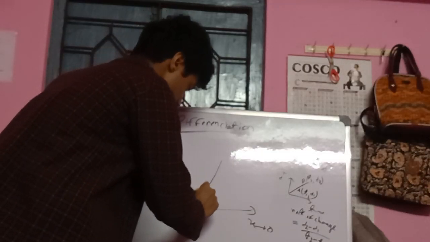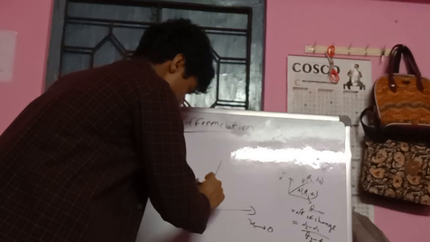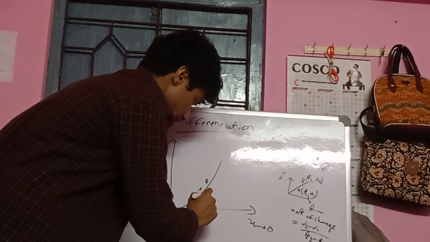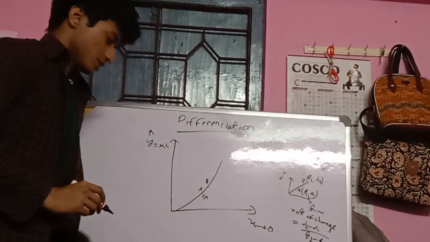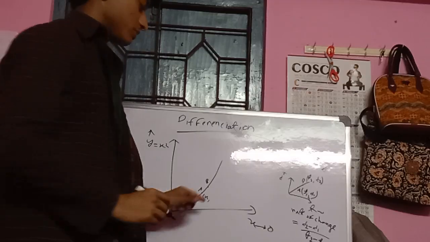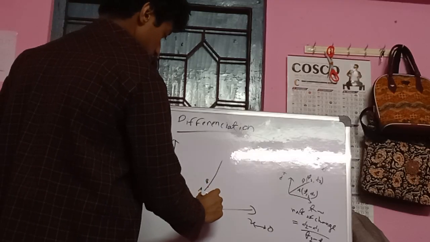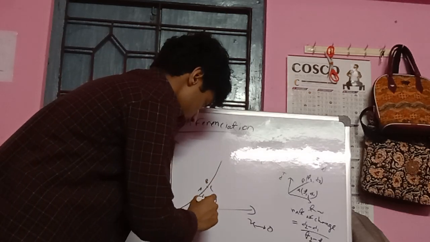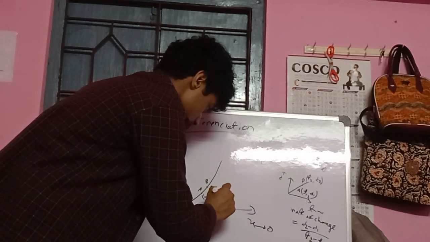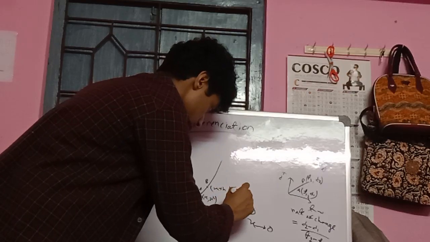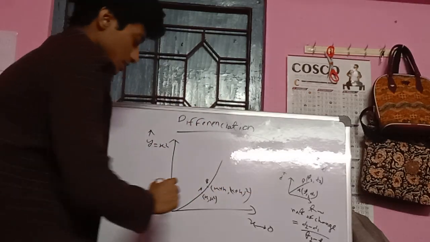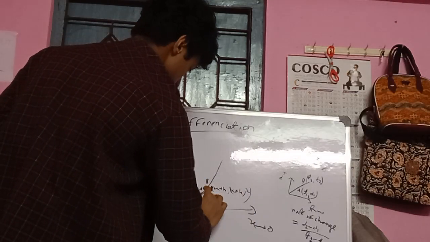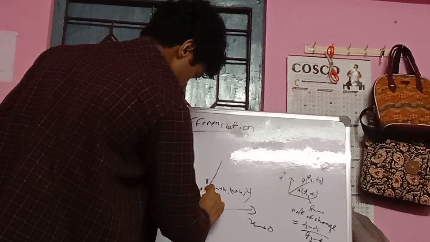Let's say we have 2 points, A and B. The x coordinate of A, let's say, is x. So the y coordinate will be the square of that, x square, and the coordinates of point B let them be x plus h comma x plus h whole square, where h is the horizontal distance between A and B. This much is h.